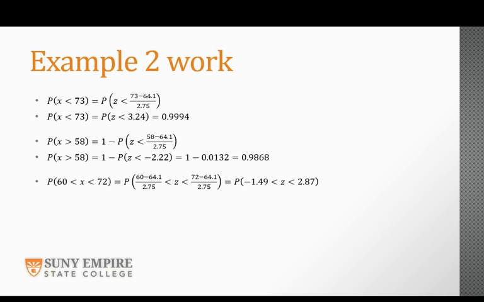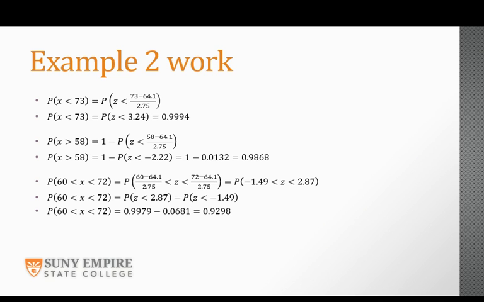So we will subtract the p-value for negative 1.49 from the p-value for 2.87. Looking up the values, we have 0.9979 minus 0.0681, or 0.9298.